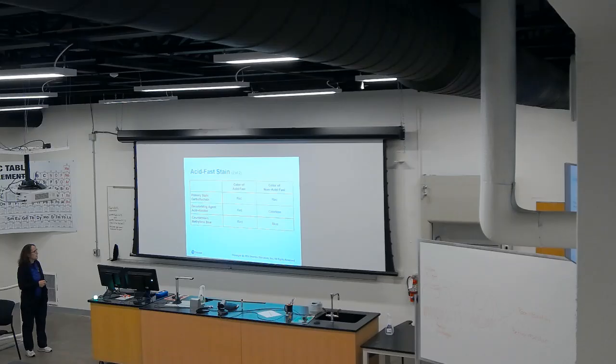So here are the differences between an acid-fast organism stained with the acid-fast technique and a non-acid-fast. If you have a mixed sample where you have acid-fast organisms and non-acid-fast microorganisms, when you add your first stain, carbolfuchsin, which is red, both of them will stain red.